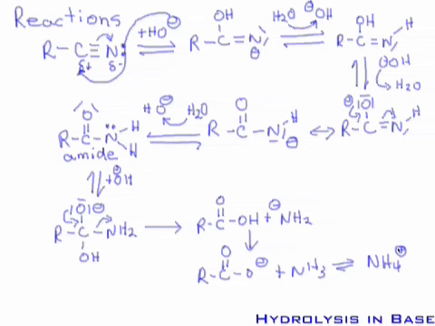Okay. This last step is very fast and irreversible. Once you get the carboxylate, it is a done reaction. A done deal. Okay. Very good. So that's the reaction in base.